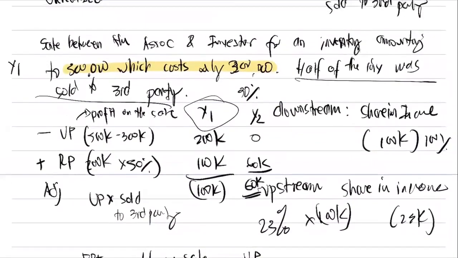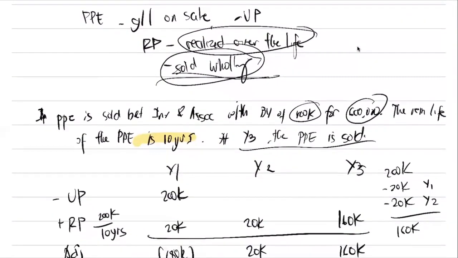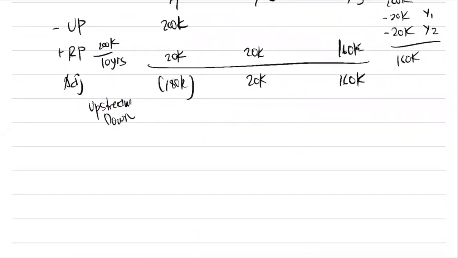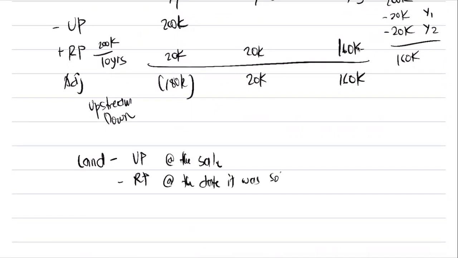Okay, so kanina, dito naman tayo sa inventory pag nabenta. Dito naman sa property, plant, and equipment, which is depreciable, then you realize it over the life, but once nabenta, i-realize mo na yung buo. How about for a land? For a land, so unrealized profit at the time of sale and realized profit at the date it was sold to third party.